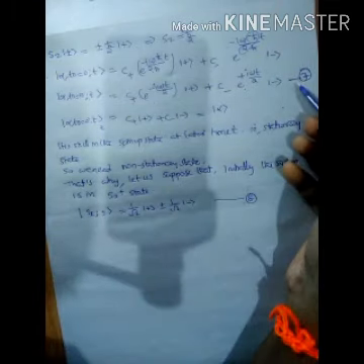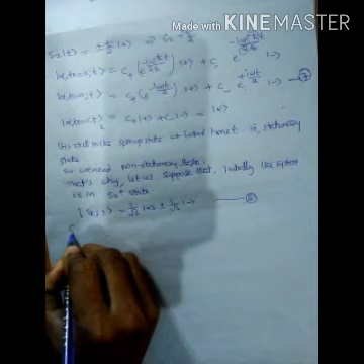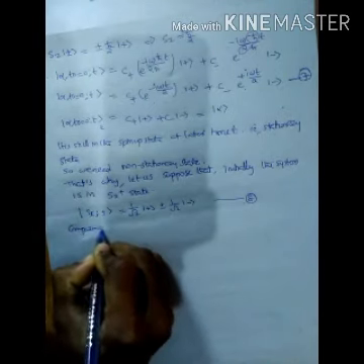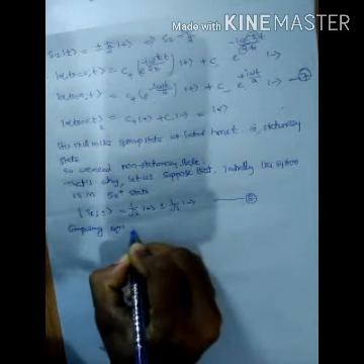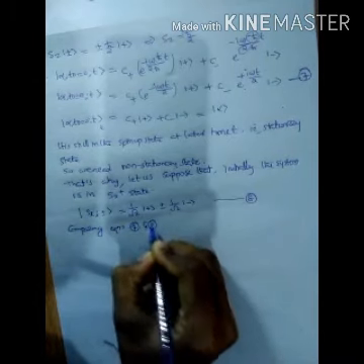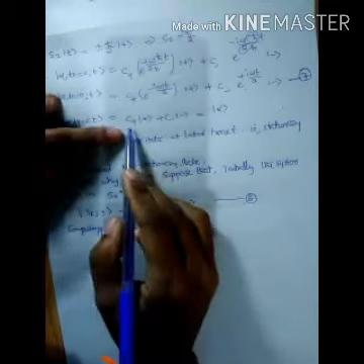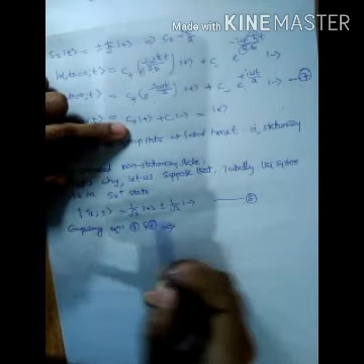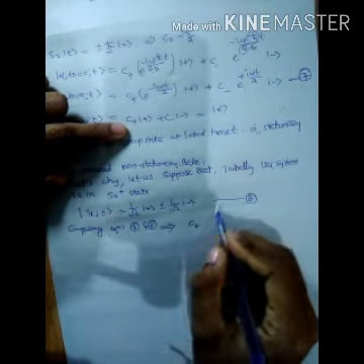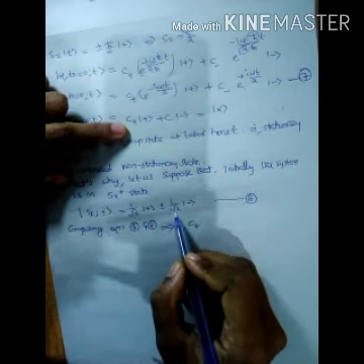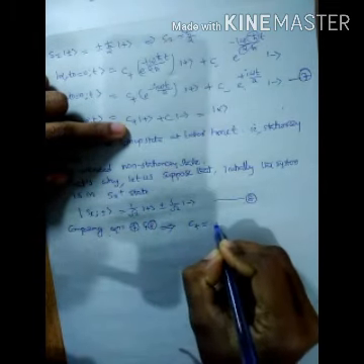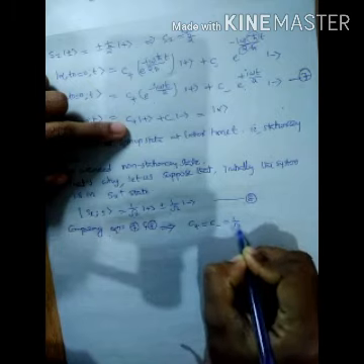When we compare equations 7 and 8, instead of c plus, what is here? 1 by root 2. So c plus, and instead of c minus, what is it? 1 by root 2. So c plus and c minus are the same, 1 by root 2.